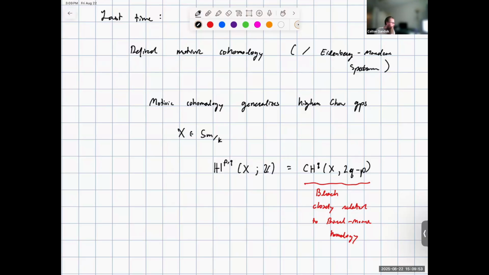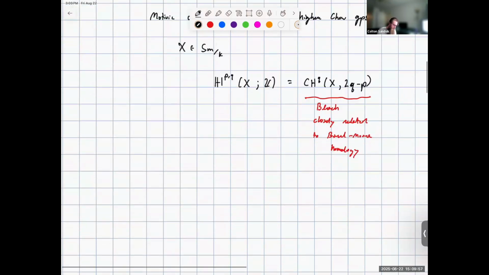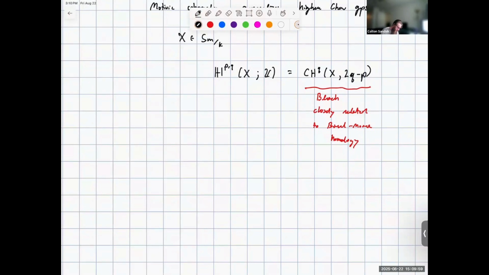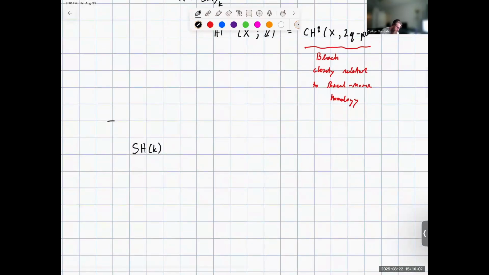The basic idea in working with this stable motivic category is that this is where cohomology theories of motives live.